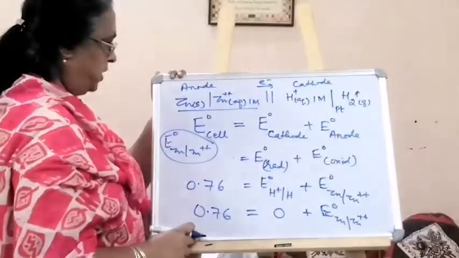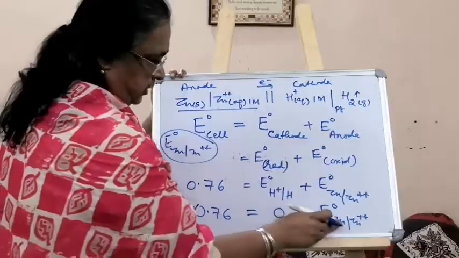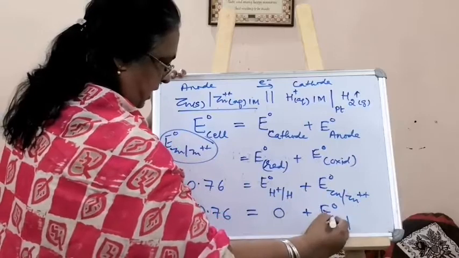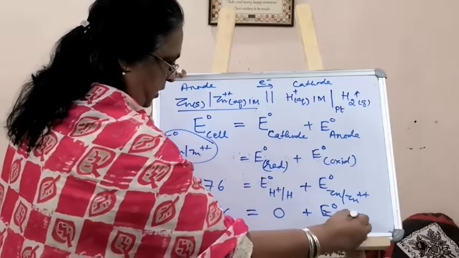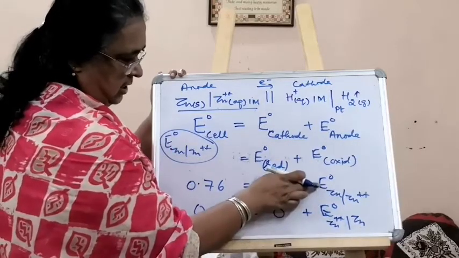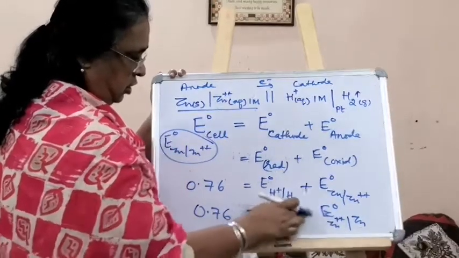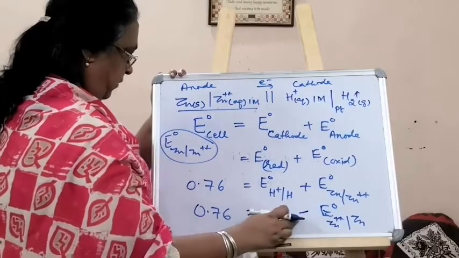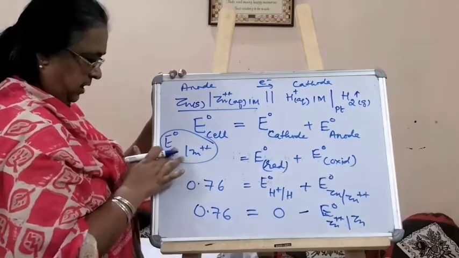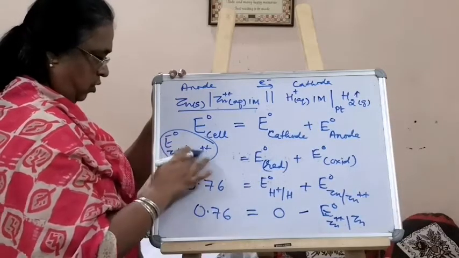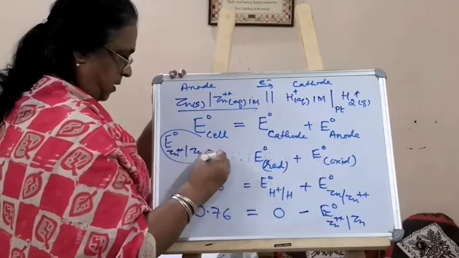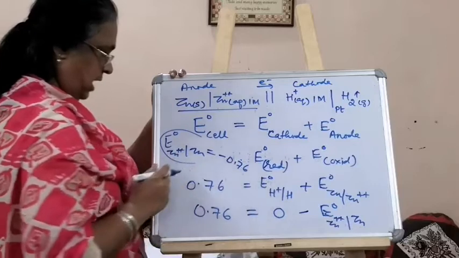We don't use oxidation potential term. So if you convert this to reduction, then it will be zinc ion over zinc solid. So this is reduction condition, and when we are changing condition from oxidation to reduction, the sign will also change. It will be minus. So in that case, we will have E0 zinc ion over zinc solid equal to minus 0.76.